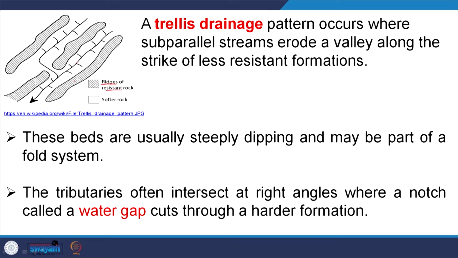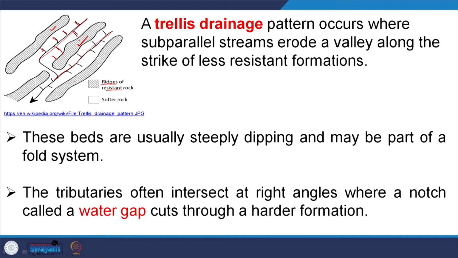These soft rocks can easily erode and will accommodate a stream inside, and as this is hard rock and this is hard rock, there will be a steep slope gradient. Due to the steep slope, you see these parallel streams come from the steeper area and join the main stream. So, this pattern is called trellis pattern.